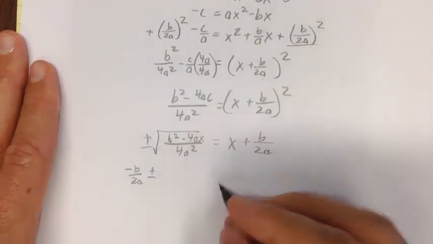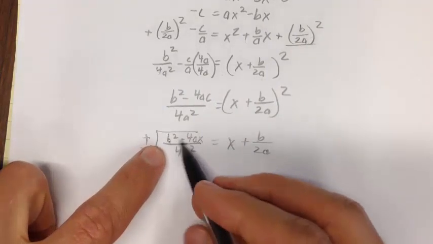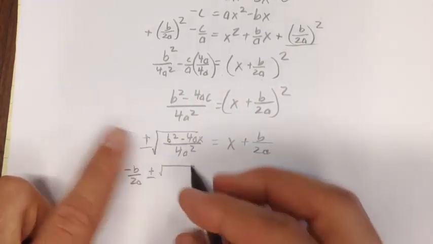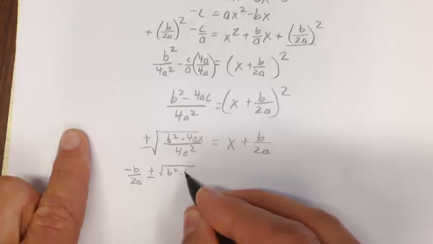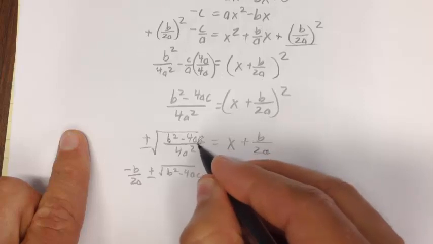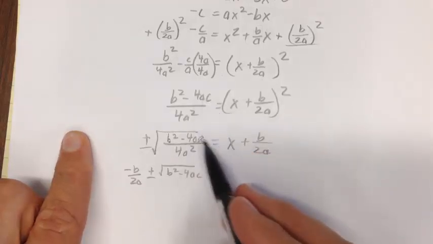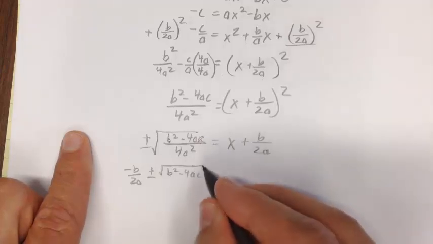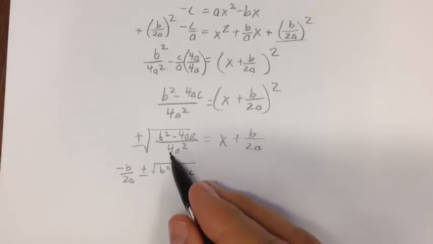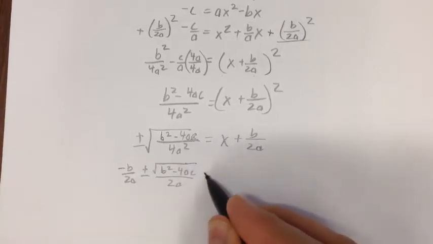What could I do with this term? Well, you can separate a square root of a fraction to the square root of the numerator, b squared minus 4ac. I don't know how that got sloppily written as an x. So we have 4ac, divided by the square root of 4a squared, which is 2a, equals x.